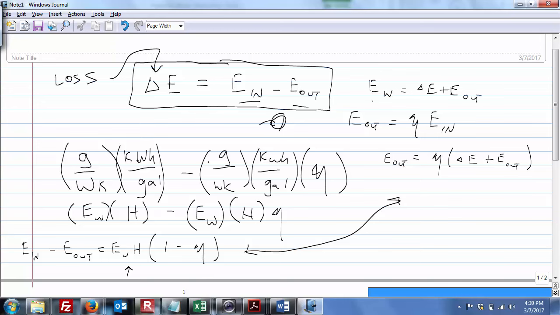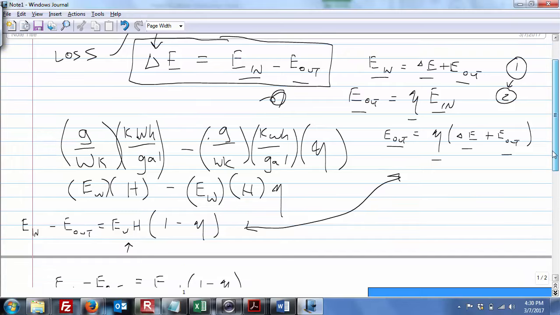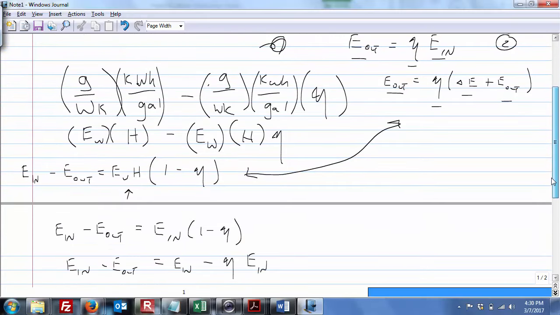Another way, I'm just going to rewrite it: E in equals delta E plus E out. Another way to write it is that energy out equals the efficiency, the letter eta, times E in. If this is equation 1 and this is equation 2, we're sticking equation 1 into equation 2, and the energy out is the efficiency times delta E plus E out. There's not one exact way.